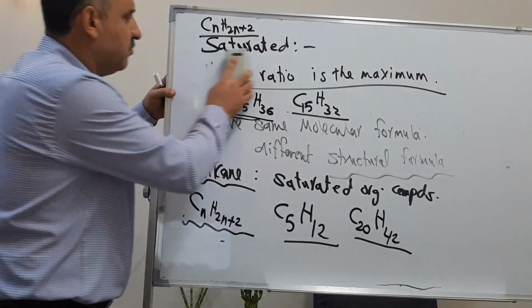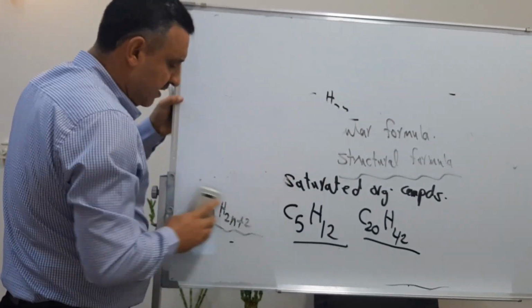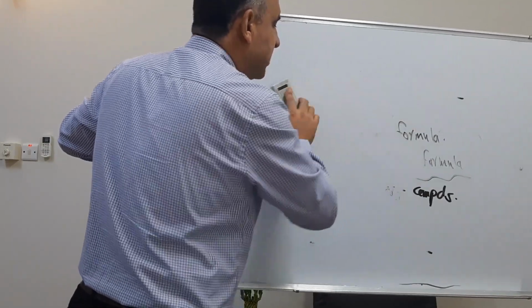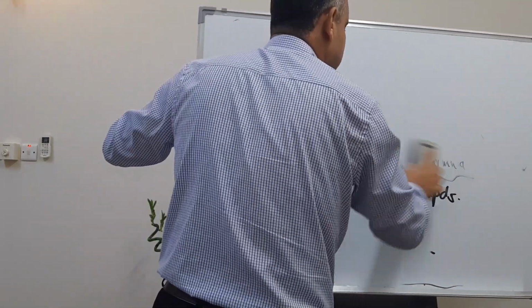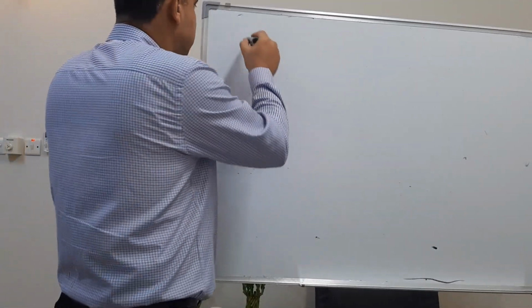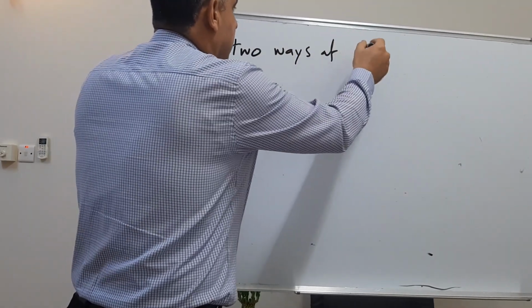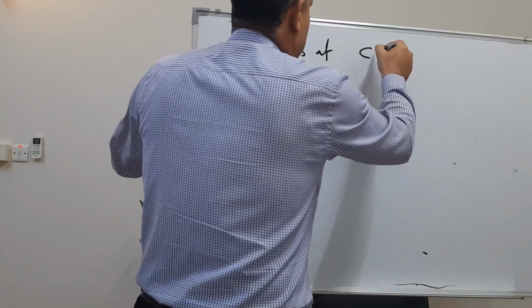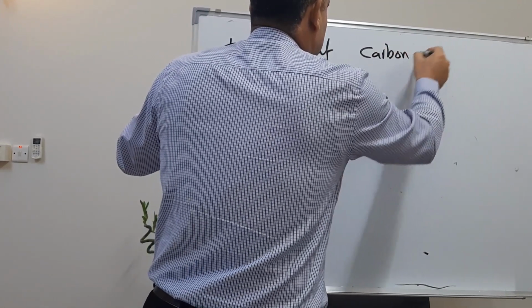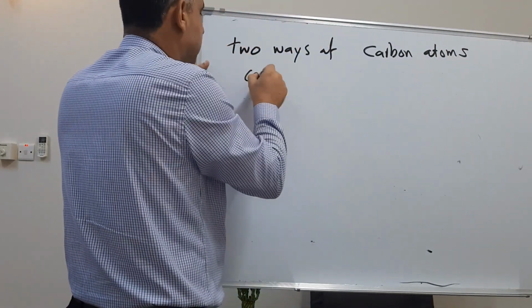Now, the carbons in organic compounds can be connected in two ways. Let's say two ways of carbon atoms connection.